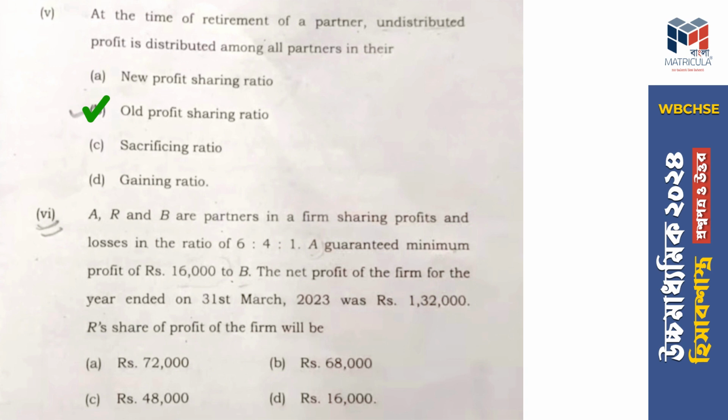Share of profit of the firm will be option A 72,000, option B 68,000, option C 48,000, option D 16,000. Right answer is option C 48,000.